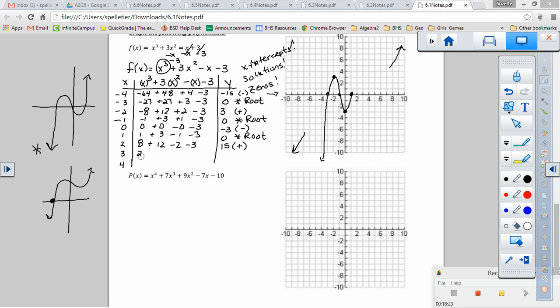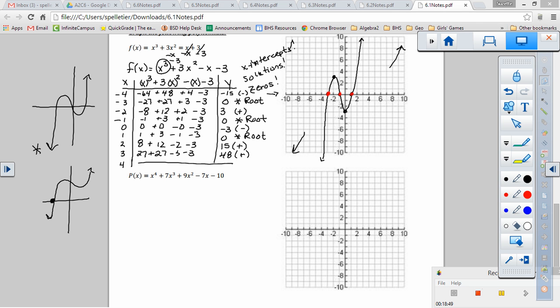Then when you plug in 3, you get 27 plus 27 minus 3 minus 3, and you get 48. So it's clear that I'm now just cruising along in the positive direction, so I don't even need to worry about doing 4. I just know that at 2 I was way up here at 15, and it's just going to keep heading in that direction. And so I have found the graph and the 3 roots of my function.